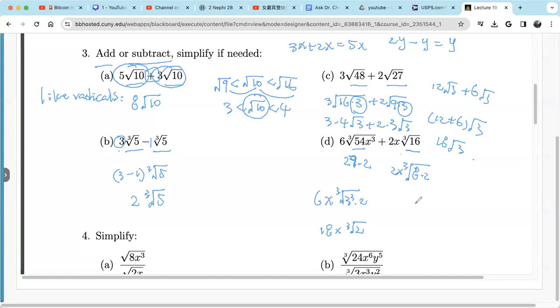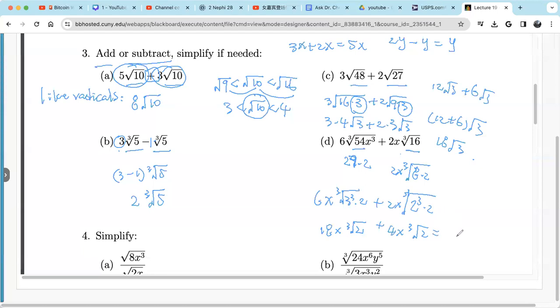Then cubic root of 8 is 2 cubed. Plus, okay, 2 cubed, the cubic root cancels out. So we have 2 raised to 1. 2 times 2, 4. So we get 4x cubic root of 2.